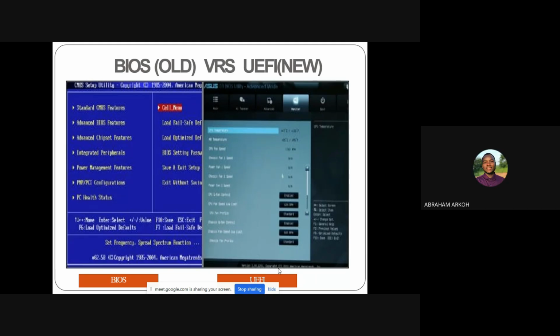So it's also a BIOS, right? Yes, the UEFI is the new BIOS that we have. The old BIOS was mostly the blue screen that we all see when you want to open it. With the old BIOS, you can only use the keyboard; you can't use the mouse on the blue screen. But with the UEFI, you can use the mouse, and at the same time you can also navigate it using the keyboard. Yes, I get it now.